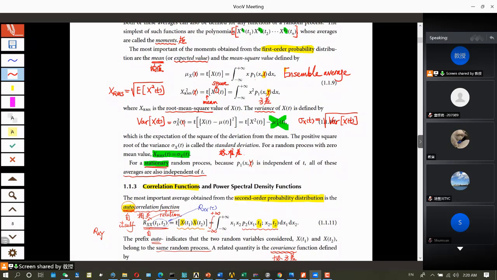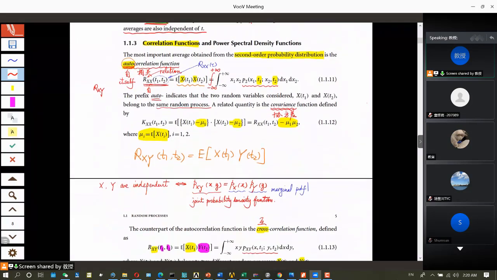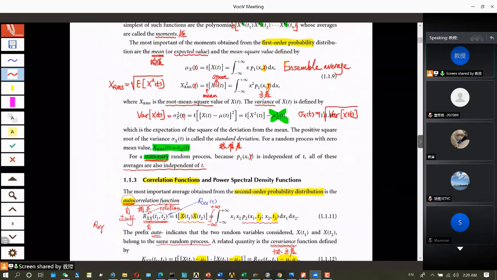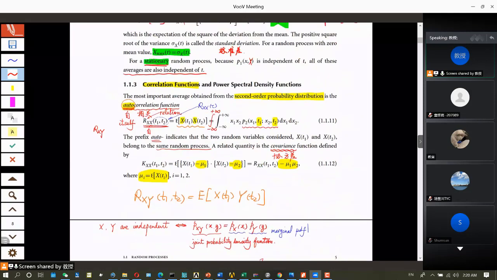We need to find the probability density function of the random process and then evaluate the expected value. Another thing we can do is use the time average.